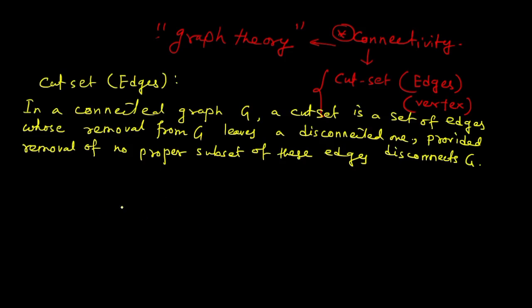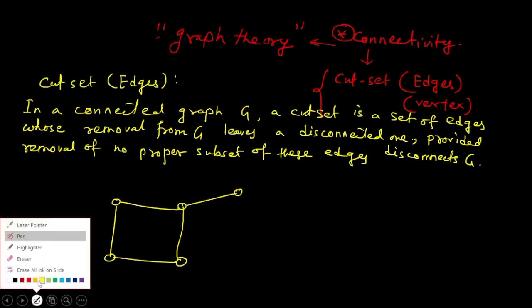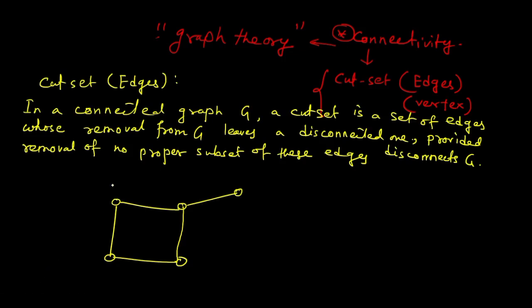First draw this graph. Here you have these edges and the corresponding vertices. Just draw this clearly and give the labeling. Suppose this is vertex 1, this is vertex 2, this is vertex 3, this is vertex 4. Suppose here you have another vertex, and this is connected with this, and this one connected with this.